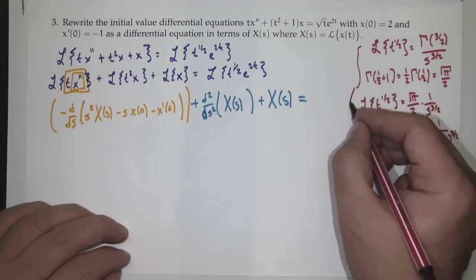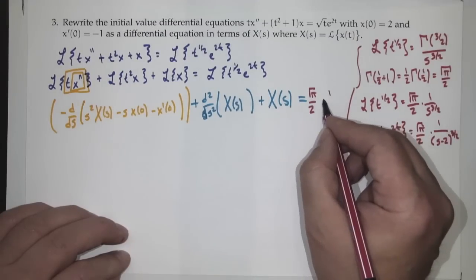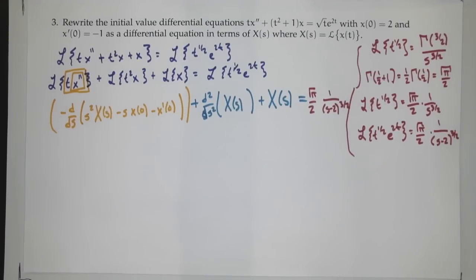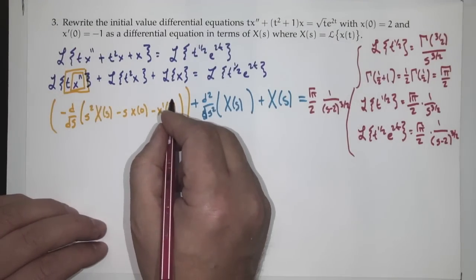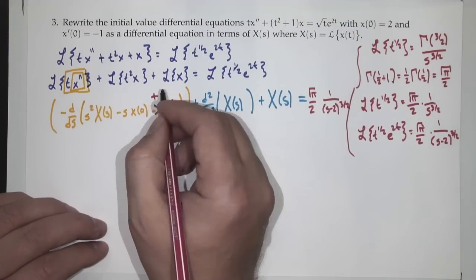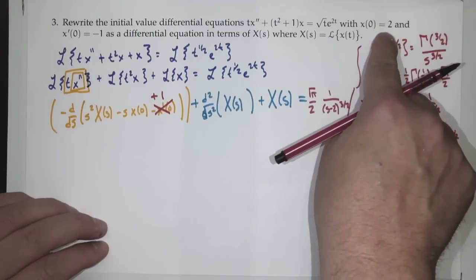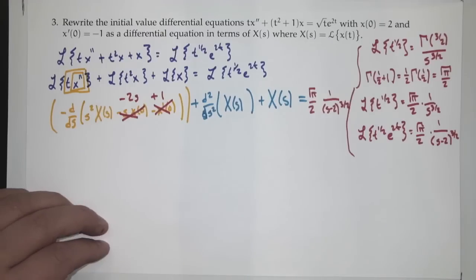Okay, so that's this right-hand side. All right, well, we can do some quick updates here. Do we know what x prime of 0 is? Yes, because they told us. So this minus x prime of 0 is going to become a plus 1, minus minus 1. Do we know what x of 0 is? Yes. So this will become a minus 2s plus 1.